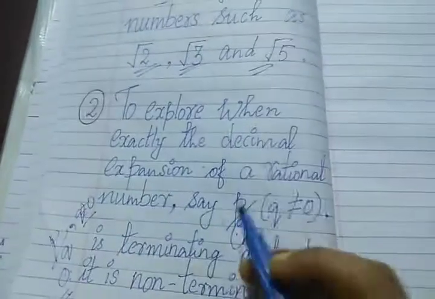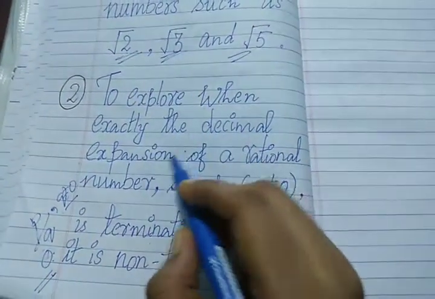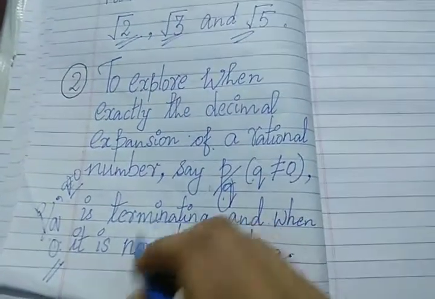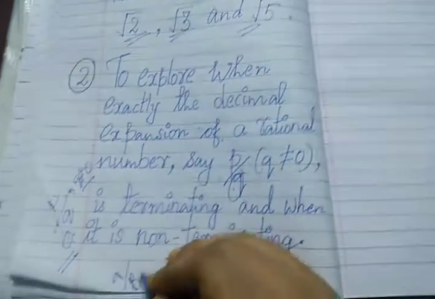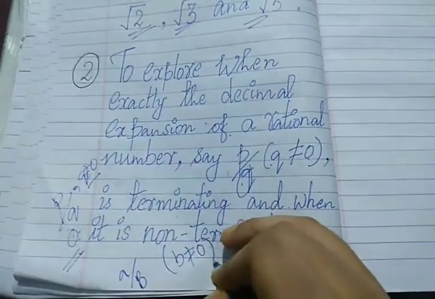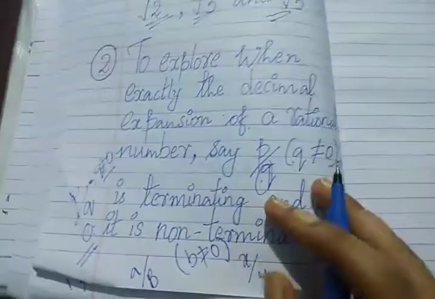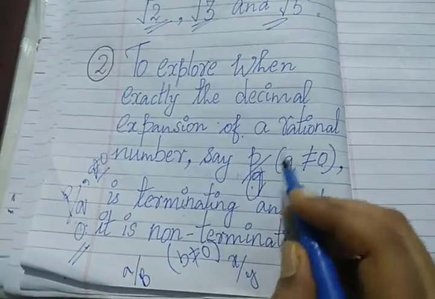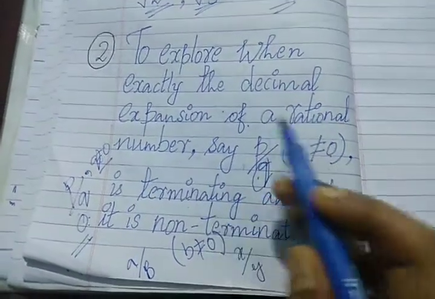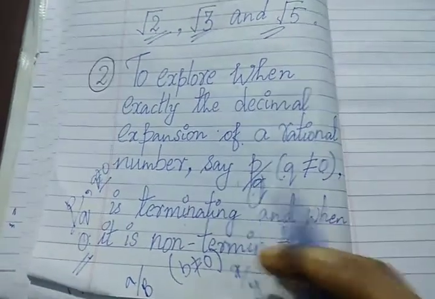The second one is to explore when exactly the decimal expansion of a rational number, say p by q, or if you like a by b, but there you should mention b is not equal to 0. If you like x by y, anyway they are variables, so the denominator should not be 0. The decimal expansion of a rational number, when it is terminating and when it is non-terminating, that's what we'll be using the fundamental theorem of arithmetic for.